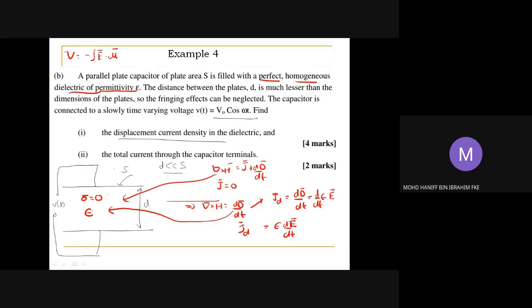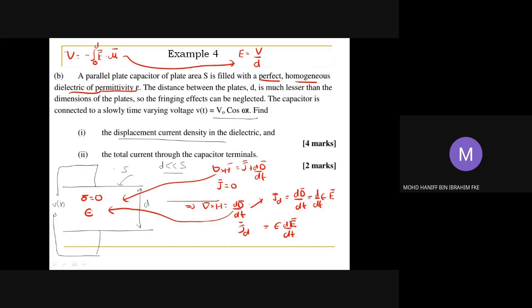Based on the distance between the plates, we know that the plates are separated by a distance d. To find the voltage difference between the two plates, we use E dot dl, with the range of dl from 0 to d. Proceeding with that, E shall be V divided by d.